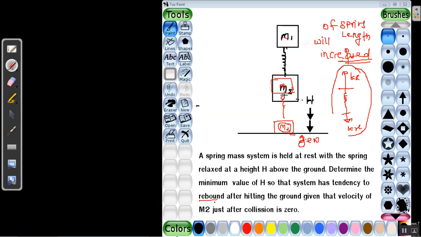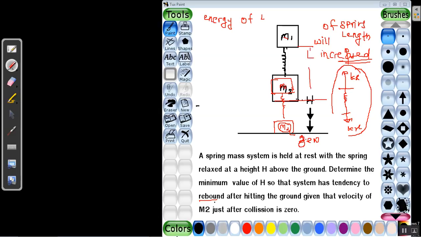So what is the energy of m1 just after the collision? Let's suppose this length is l.